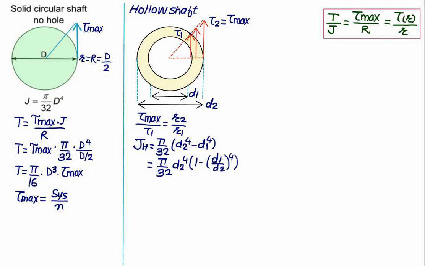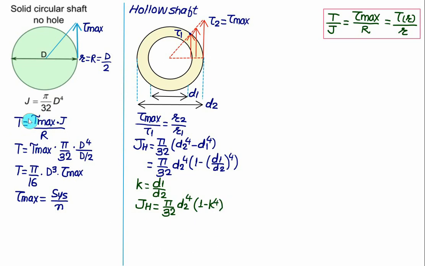So let's substitute k, which is a constant here, and is nothing but the ratio of the inner diameter to outer diameter. In that case we can rearrange this equation as polar moment of inertia for hollow section equal to pi by 32 multiplied by d2, the outer diameter, power 4, into 1 minus k to the power 4, since d1 by d2 is k.